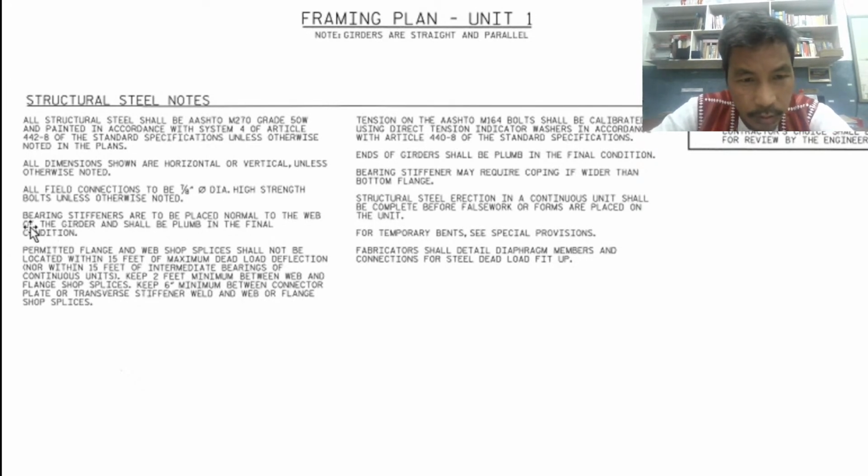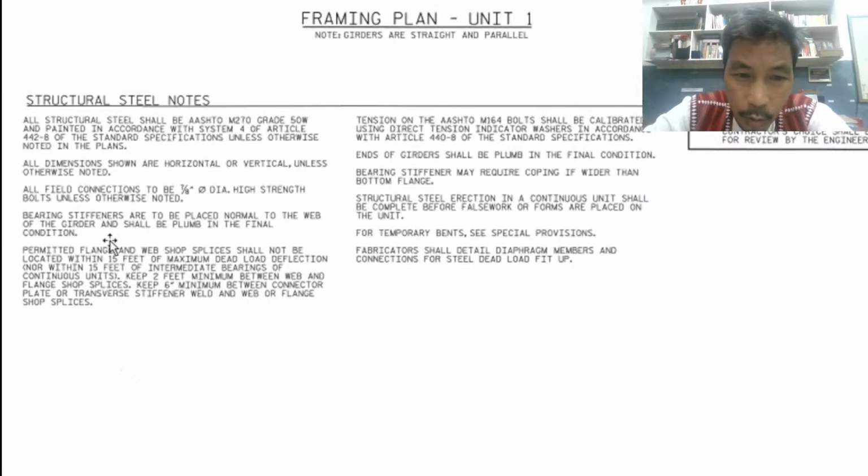So high strength bolt. Number 4, bearing stiffeners are to be placed normal to the web of the girder. Stiffener means for better stability of the structure. What do we mean by normal? Normal means perpendicular in this context.